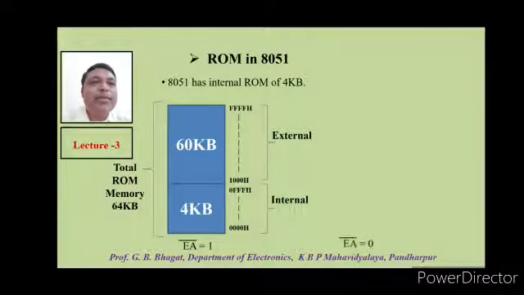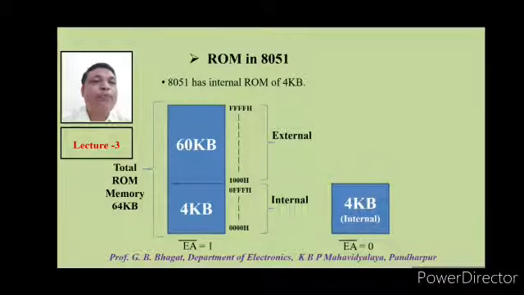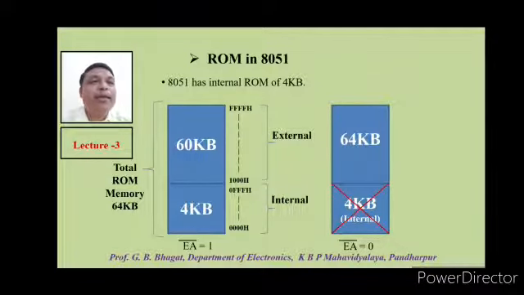If this pin is at 0, that is connected to ground, then this internal 4 KB of ROM cannot be used, and the total 64 KB of ROM can be connected externally and used from the address 0000H to FFFFH. This total ROM of 64 KB becomes external. That is, in this case, the internal 4 KB ROM will be disabled.